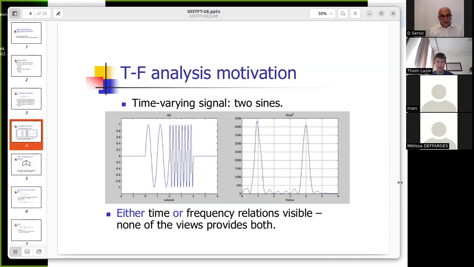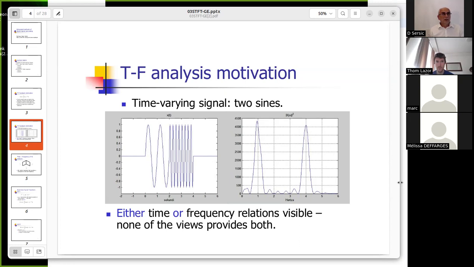But on the right-hand side, you see the modulus of its Fourier spectrum. We can see two hills. The tops of the hills correspond to the frequencies, so we can easily see that there is something of 1 Hertz and something of 4 Hertz inside, but we cannot see when it started and when it ended. And from time to time, we need something different.